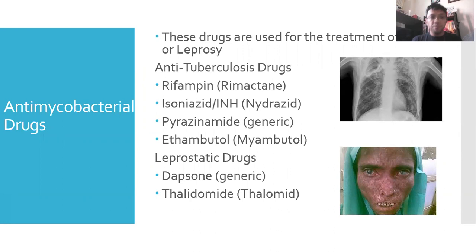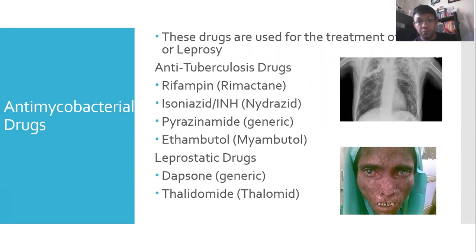And take note, unlike the previous antibiotics that I have mentioned, these drugs are used to treat tuberculosis for several months. It can take up to 9 months for the patient to take these drugs every day. They can take up to 4 or 5 drugs per day.